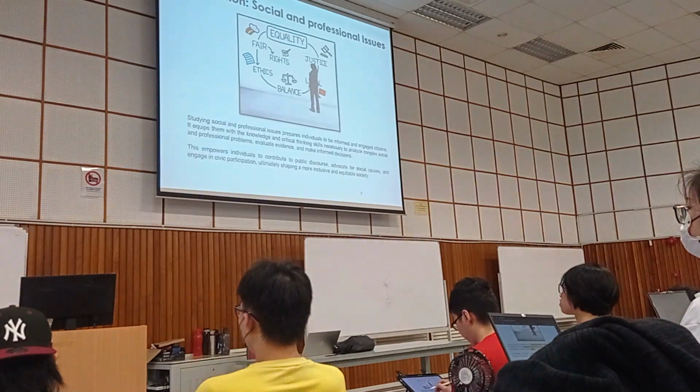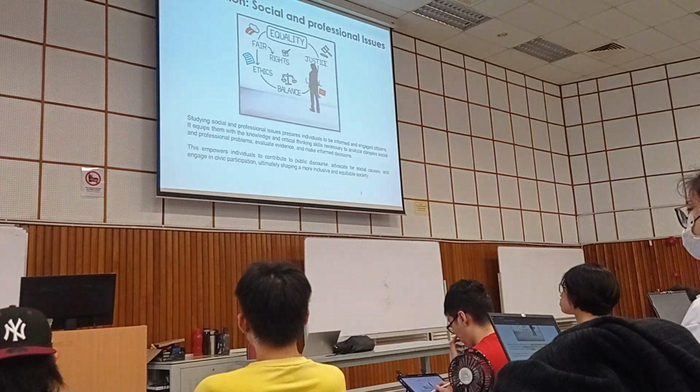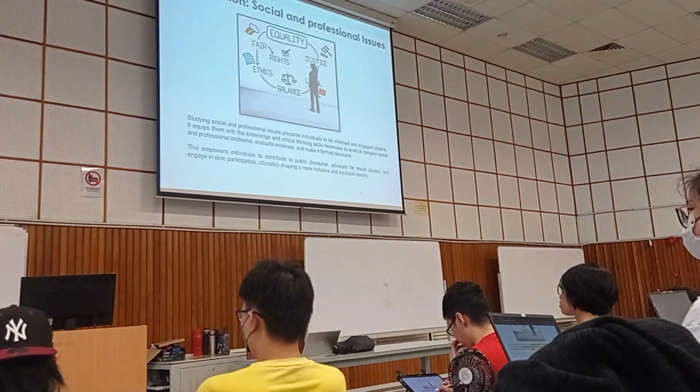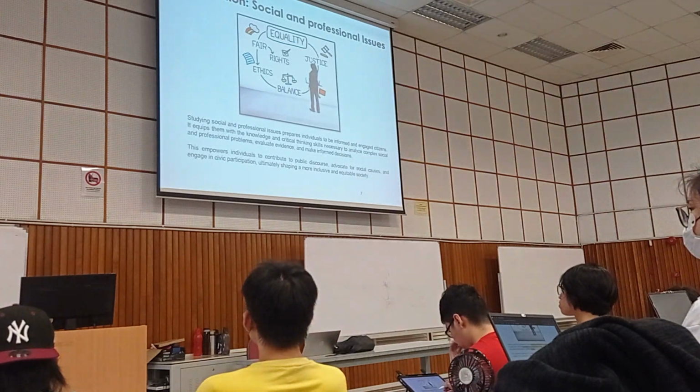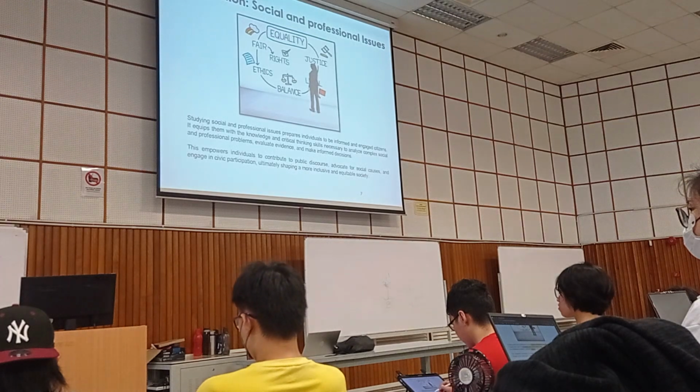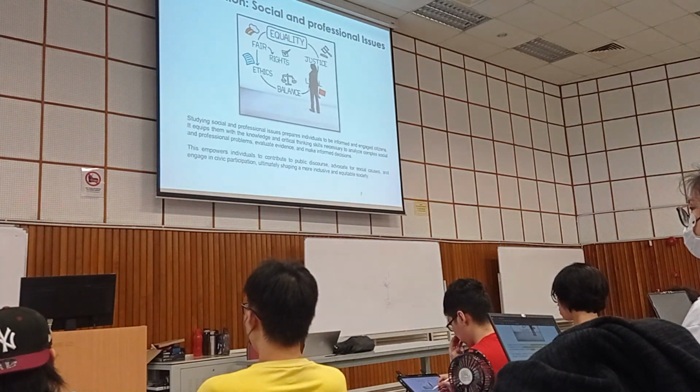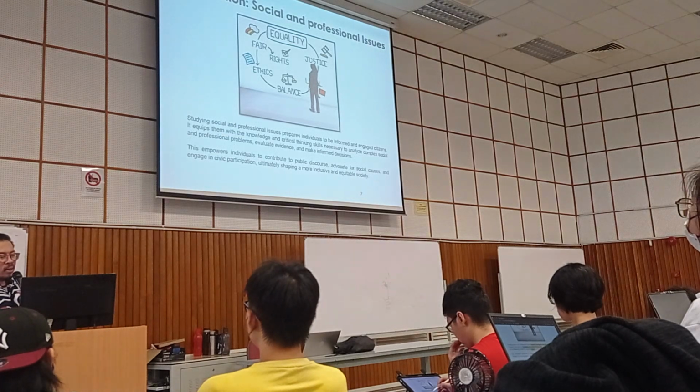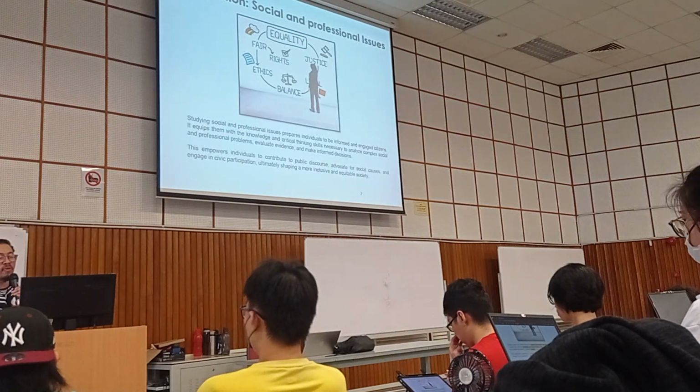So when we have a discourse, we want to have a discourse that involves various perspectives and points of view. Okay, so this also helps us in making better, more effective, informed decisions.